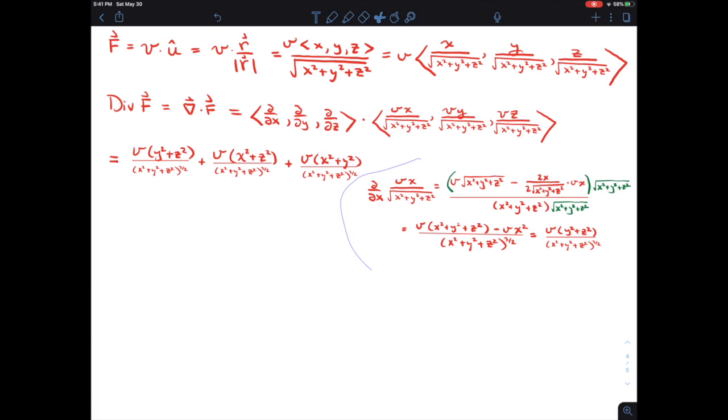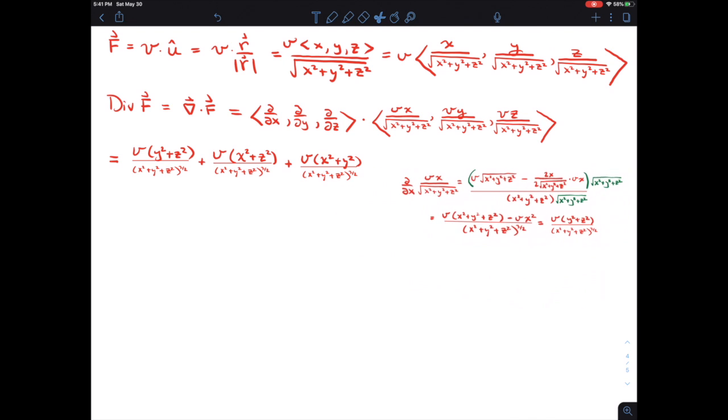Again, that's the divergence, and I'm trying to make room for everything. Alright, so this is all going to come together. I think you can leave that v factored out, but in the end, if you look at it, there's 2x squares, there's 2y squares, and there's 2z squares.